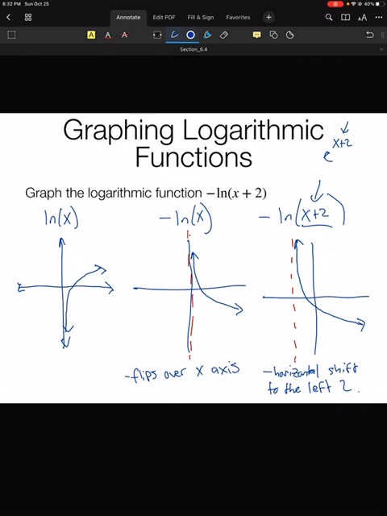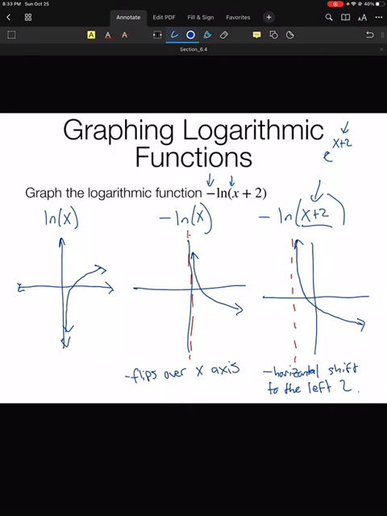And so graphing logarithmic functions is going to work very similarly to what we saw in the exponential functions. If you put something out in front of the logarithm, that's going to flip it over the x-axis. If you put a negative in front of the x, that may flip it over the y-axis, but in our case, you can't have a negative inside, so that's going to do something weird.